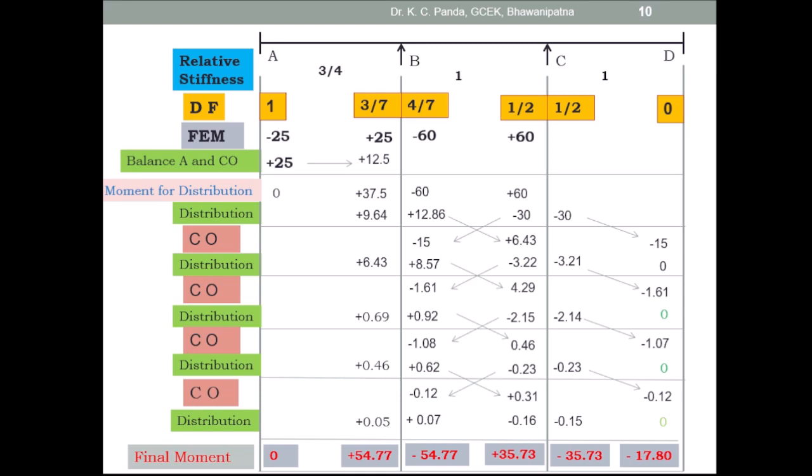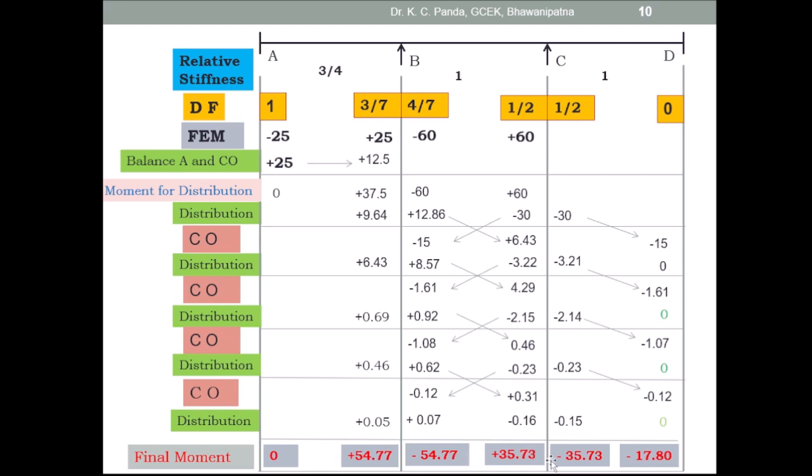Then you can check that at the joint the sum of the moments should be 0. So here at joint B, the sum of the moments MBA plus MBC should be 0: 54.77 and on this side minus 54.77. So the sum of the moments at joint B is equal to 0.